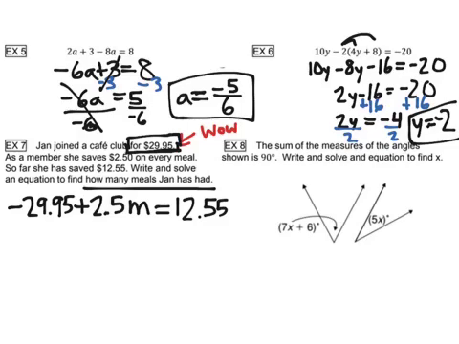All right, assuming you tried it, let's start with addition and subtraction. So we're taking this 2.5 times M, that's multiplication, and we're subtracting 29.95 from it. So if we're subtracting, we can add 29.95 to both sides.